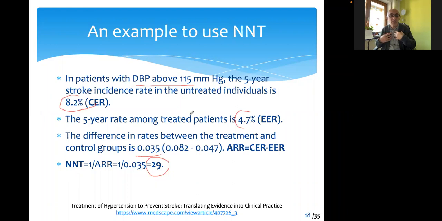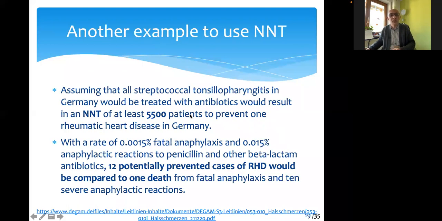I would say yes. 29 is not so high a number. You can treat 29 people with hypertension to prevent 1 stroke. That's very good, I believe. And antihypertensives are easily available, not so expensive, and don't have so many side effects. So considering all these factors, I would say, yes, that's a good idea.